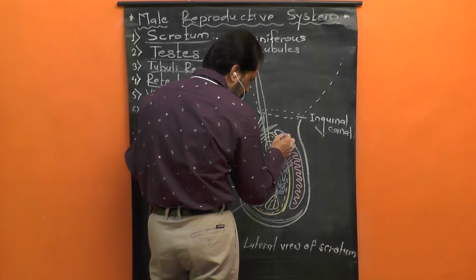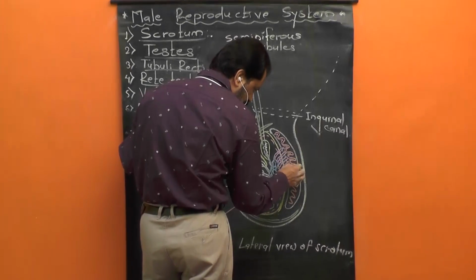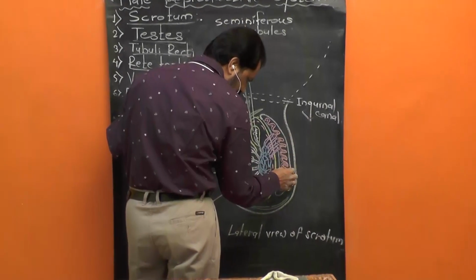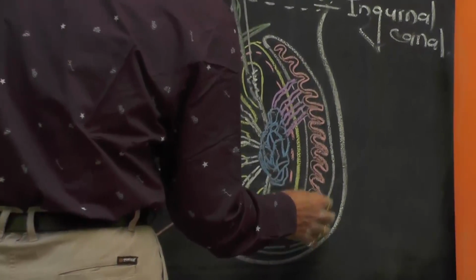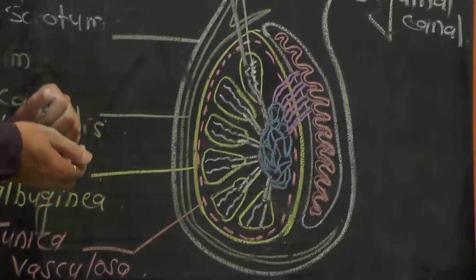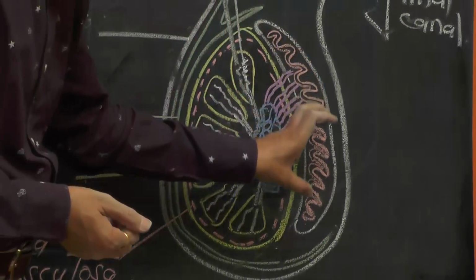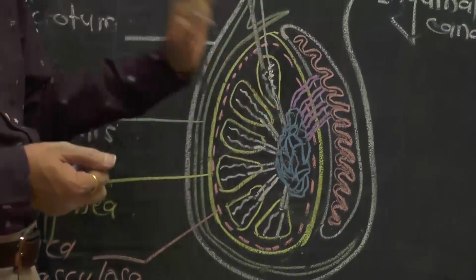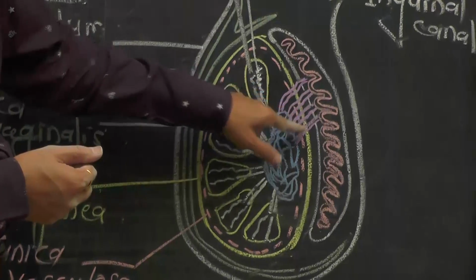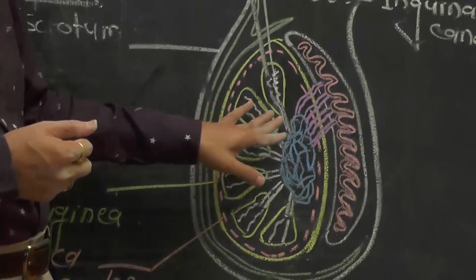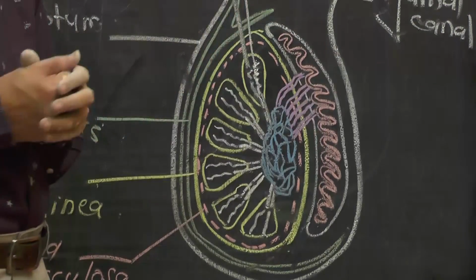It is a tube, highly coiled, highly convoluted. Because of this highly coiled nature, it gets accommodated in this very short portion. Now, please look here. These Vasa Efferentia are communicated with the epididymis. They open into the epididymis.